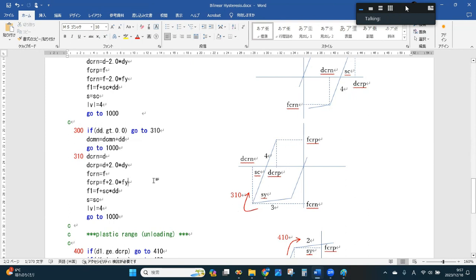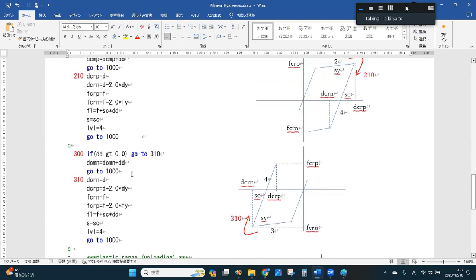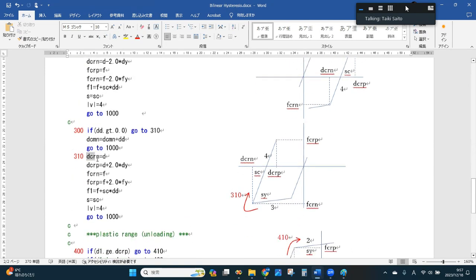Okay? And the return point is actually the left side of level 4. So it means the negative side. And for the positive side, you add 2dy, dCRP, and the force is the same.